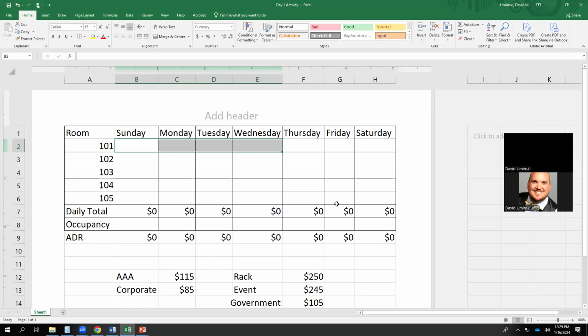Number 13, the event rate, checking in Friday for 2 nights.